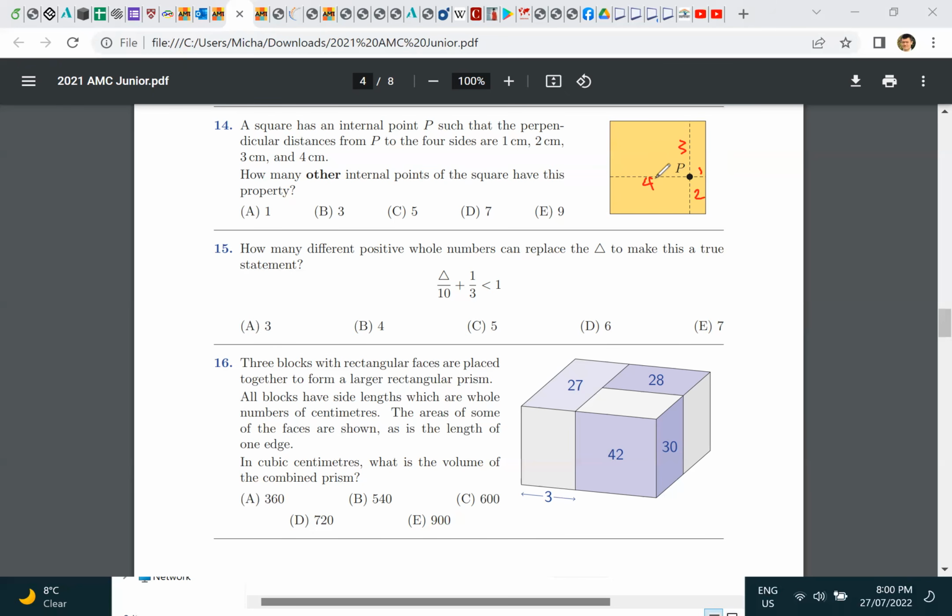So the 4, I guess it could be 1 away from any of the sides. So it could be 1 away from the bottom side. If it's 1 away from the bottom side, it's supposed to be 4 away from the top side, right? But there's 2 points that it could be 2 and 3 away from the left and right sides.